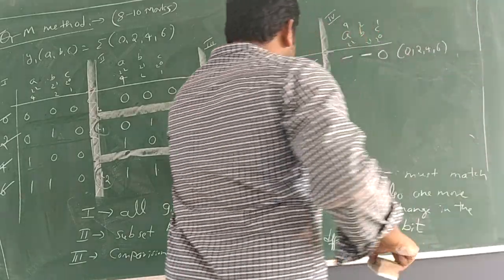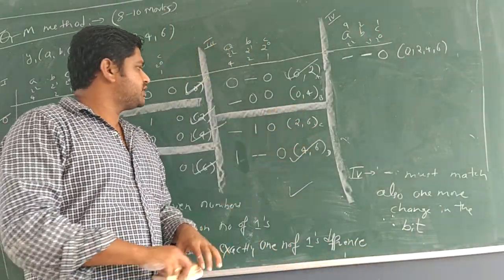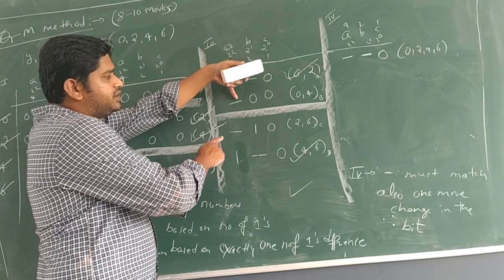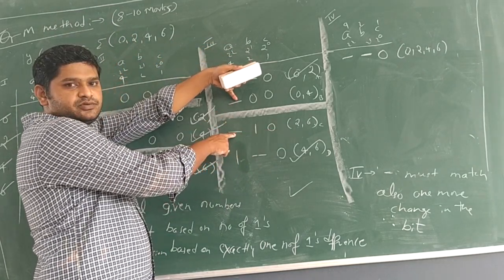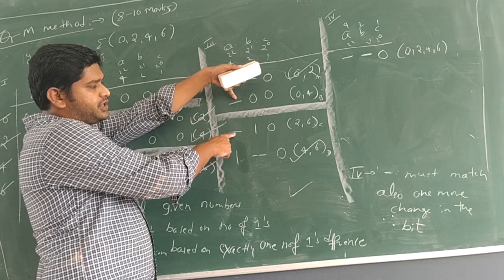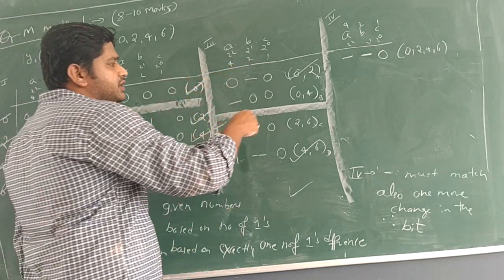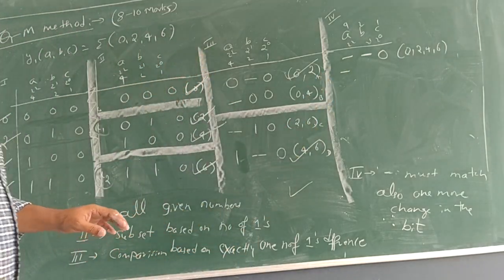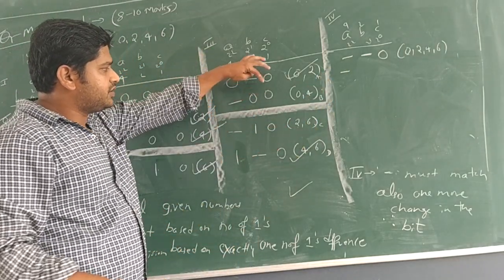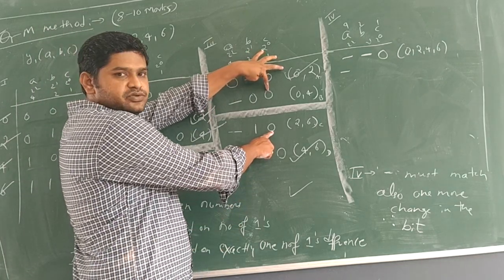Now, what is BC? Now you check. Where is hyphen in the B? A position. Where is hyphen in the C? That is also A position. Hence, hyphen matches. Where the hyphen matches is in the A position. Okay. Now, how about C? 0, 0.